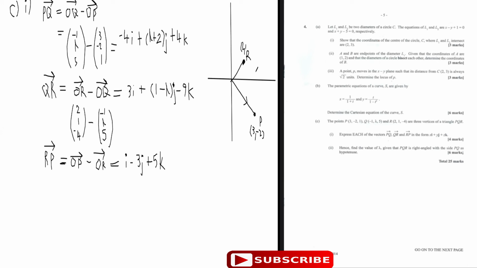And then we don't know where Q is, but based on what they said, PQ is the hypotenuse. So PQ is the longest side. So where can we put Q? Maybe Q is somewhere here.